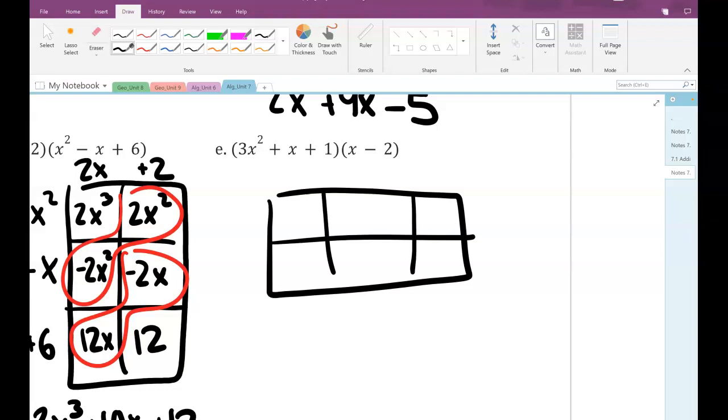I just like to always put my first parentheses on the top of my box, so I have to tip my box over. So I put above each column 3x squared, a plus 1x, a plus 1. I have an x and a minus 2.